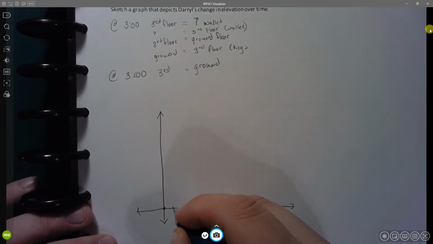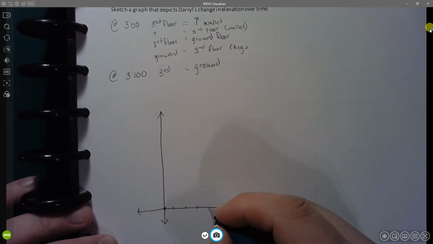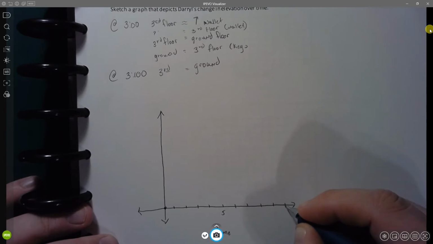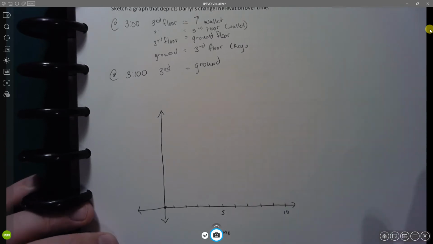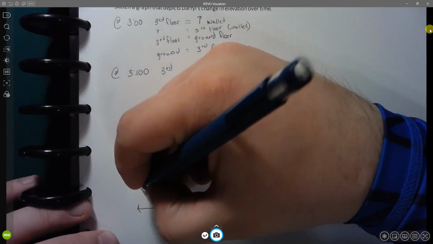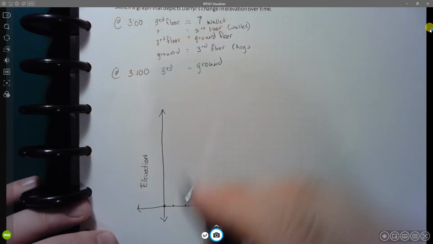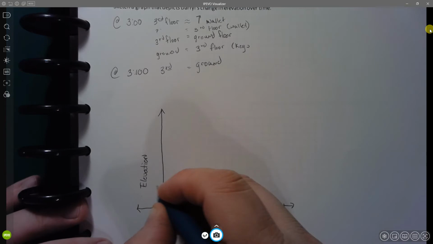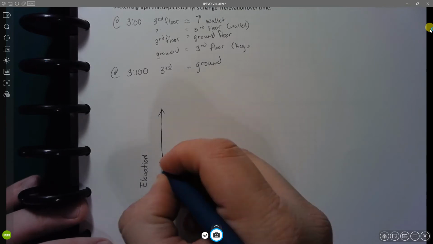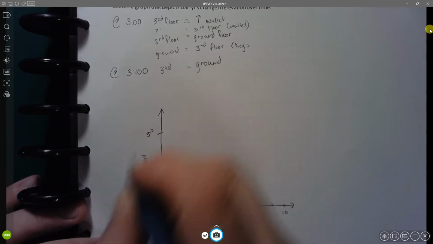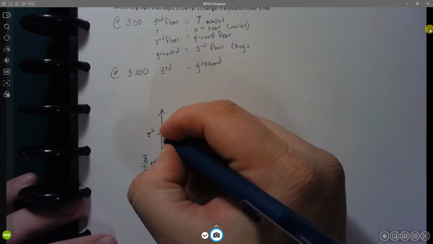Then 1 minute, 2 minutes, 3, 4, 5, 6, 7, 8, 9, 10 minutes passed. Then this over here is going to be our elevation. We're going to say this is the ground floor, this is the 1st, this is the 2nd, and this is the 3rd. So he starts at the ground floor.